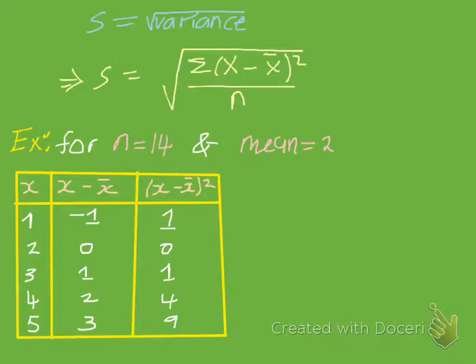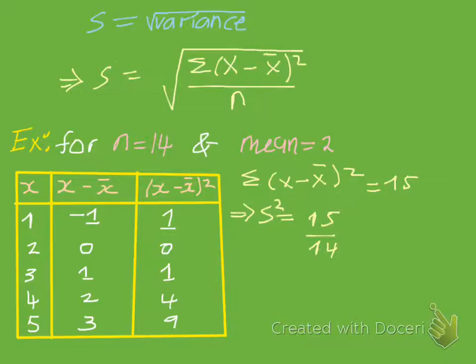You can get s squared, which is the variance: the sum of x minus x bar squared, which is 15, over n, which is 14. So 15 over 14 gives 1.07.